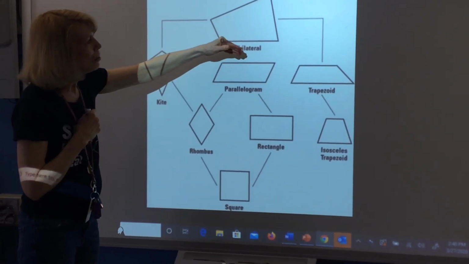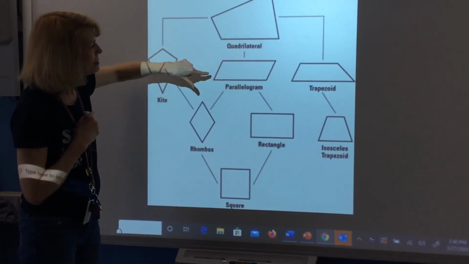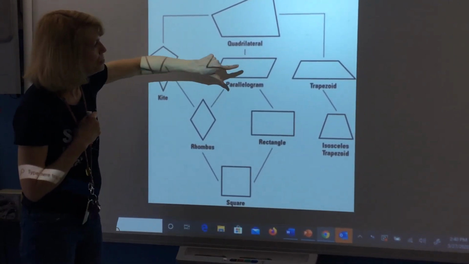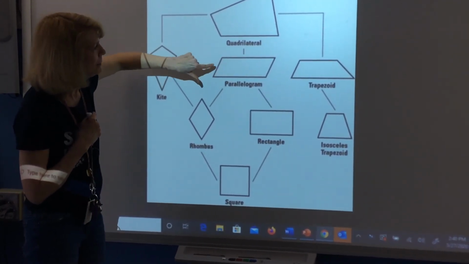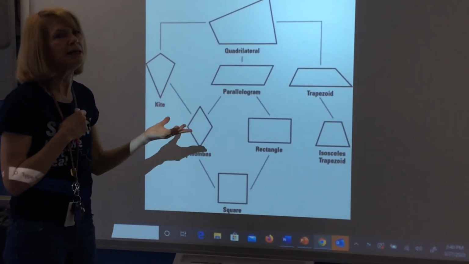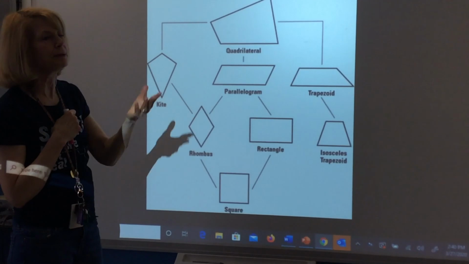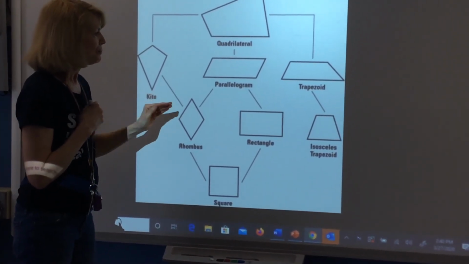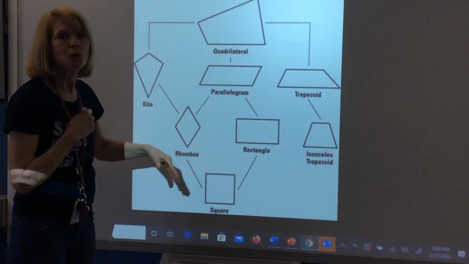A quadrilateral with 2 pairs of parallel sides. Okay, so top and bottom and 2 sides. 2 pairs of parallel sides is called a parallelogram. That's pretty easy to remember. Parallel sides, parallelogram. And there are 3 different special parallelograms.